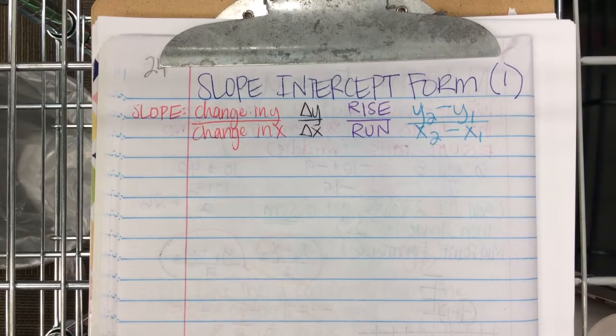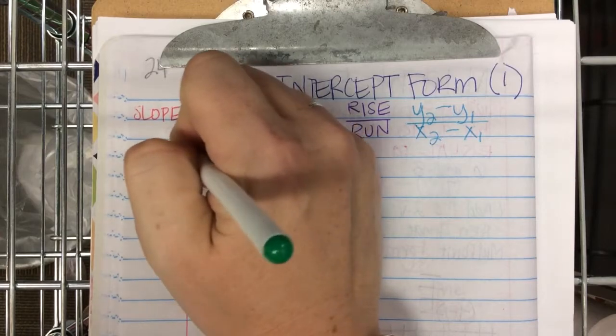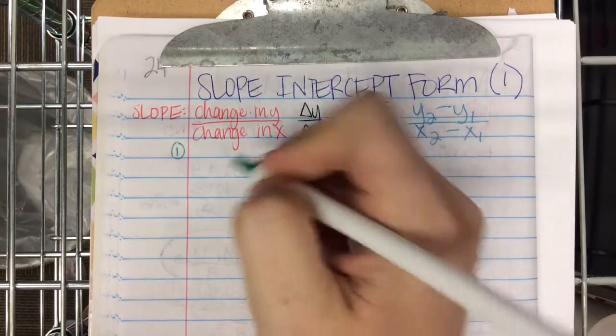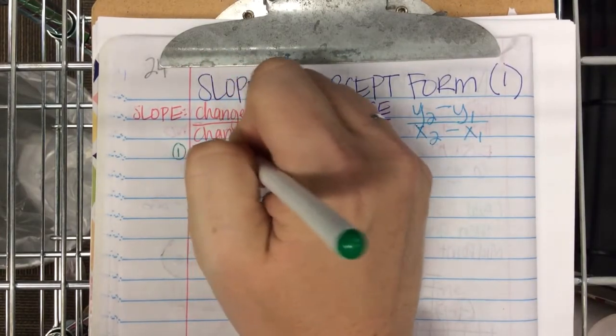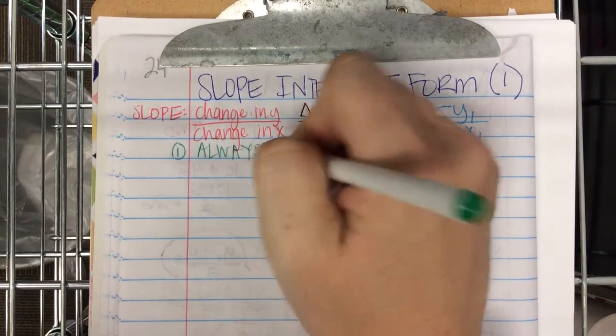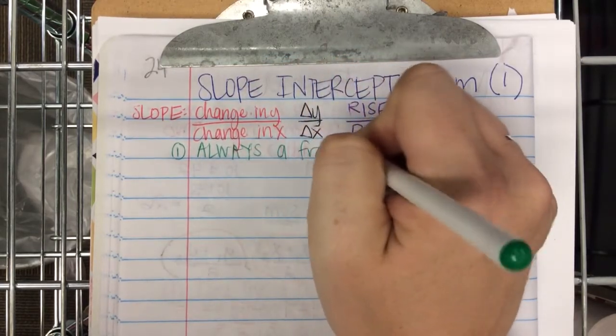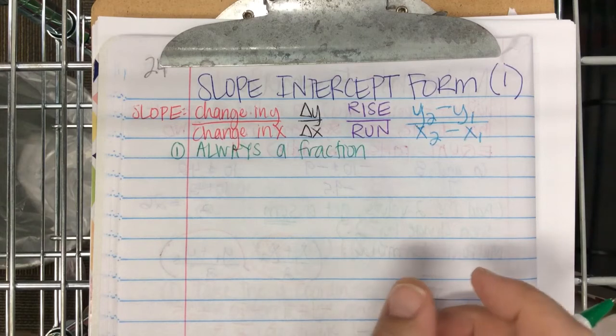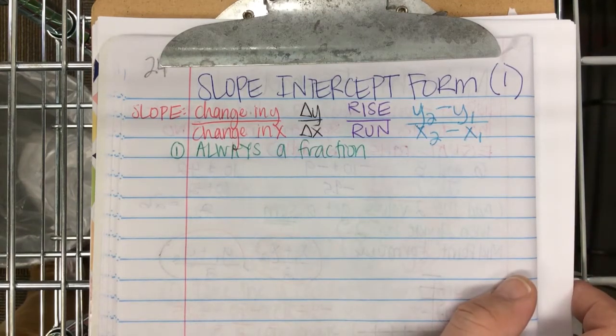So there are 3 things that we need to remember about slope. One is that it's always a fraction. Slope is always a fraction.